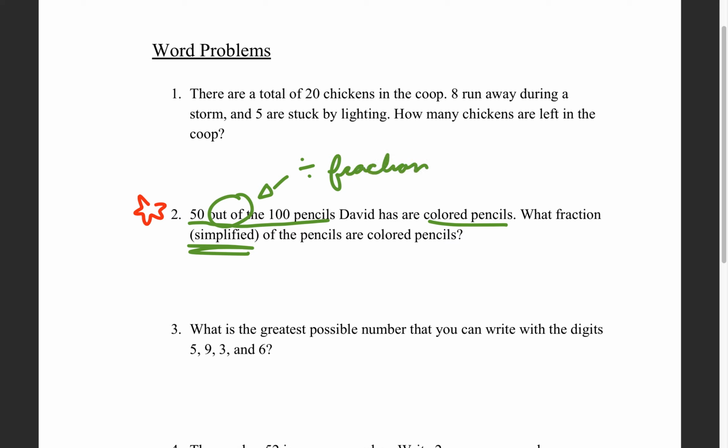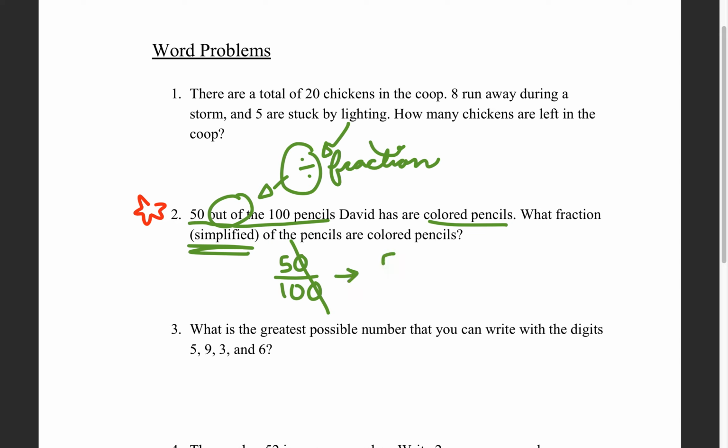A fraction is basically a huge division thingy. So this is going to be 50 out of 100. So let's simplify this. So this is 0, and this is a 0 over here. So we could cancel that, since that means it's divisible by 10. So that's going to turn into 5 out of 10.